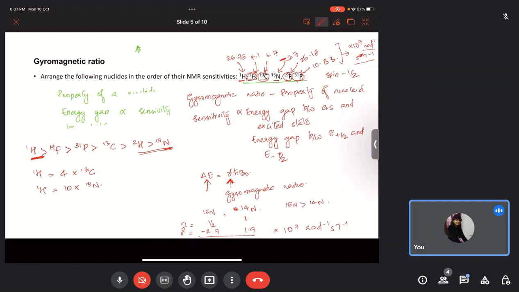So if you want to perform experiments on carbon, you are losing 4 times the sensitivity compared to a proton based experiment. And fluorine and proton have similar sensitivity.